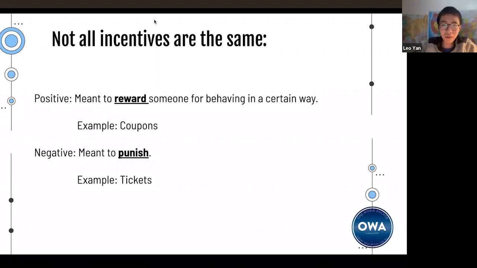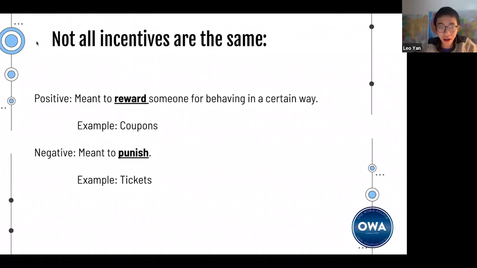The way that they stop you from doing that is by giving you a negative incentive. So what's the negative incentive? The negative incentive here is the ticket, the fine that you will receive if you park illegally. This is meant to punish you. Another negative incentive, and I hope that none of you actually run into this one, is jail time.